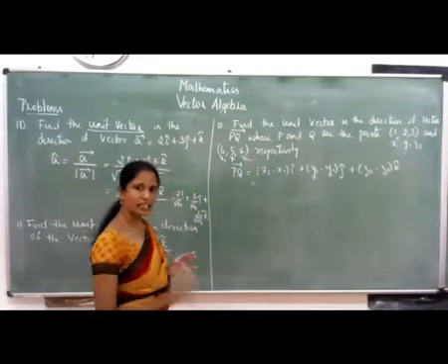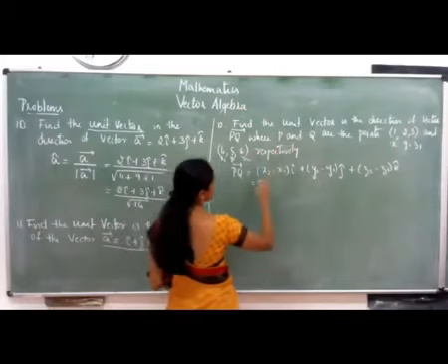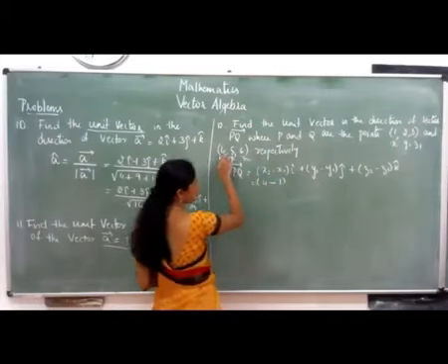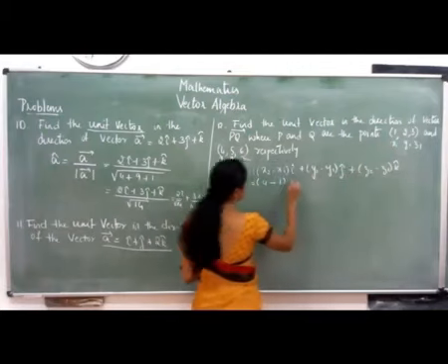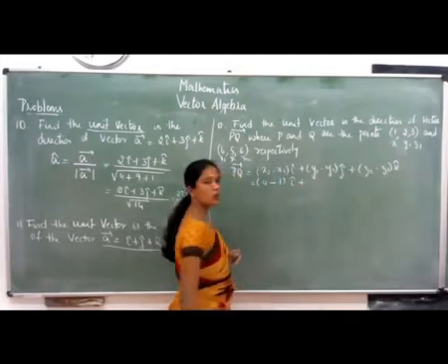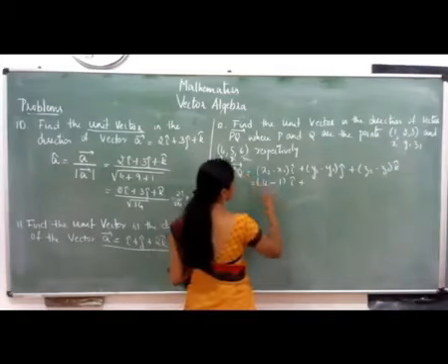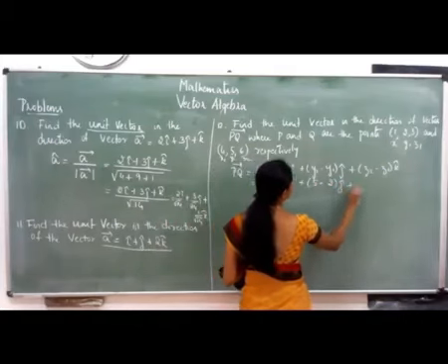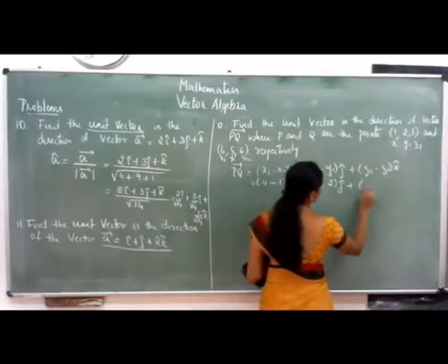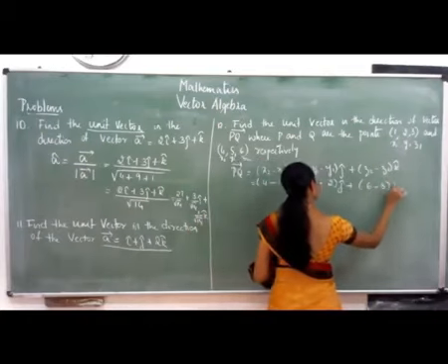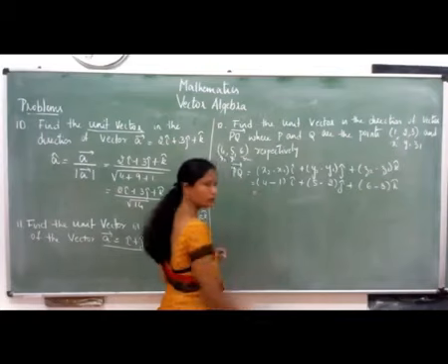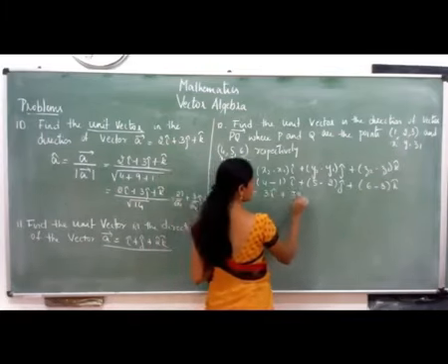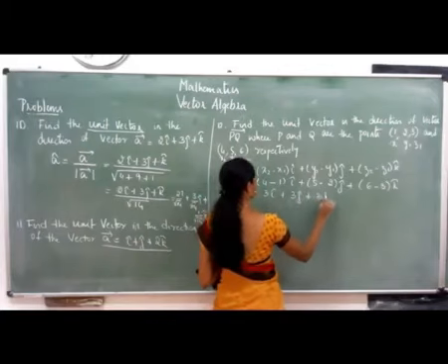Simplifying, you can directly do it. x2 minus x1, that is 4 minus 1 into I cap, plus y2 minus y1 j cap, that is 5 minus 2 into j cap, plus z2 minus z1 k cap, 6 minus 3 into k cap. Therefore, 3 I cap plus 3 j cap plus 3 k cap.